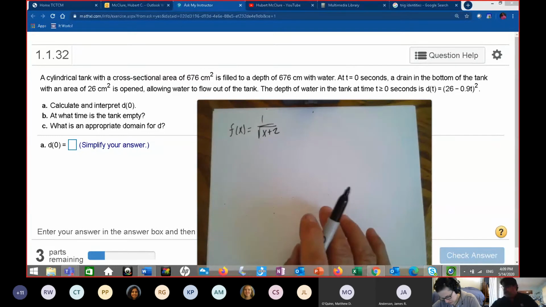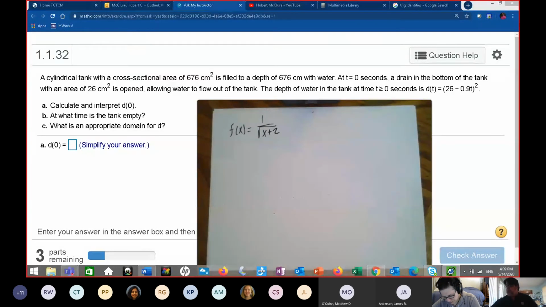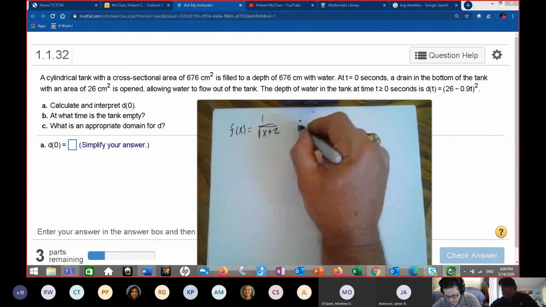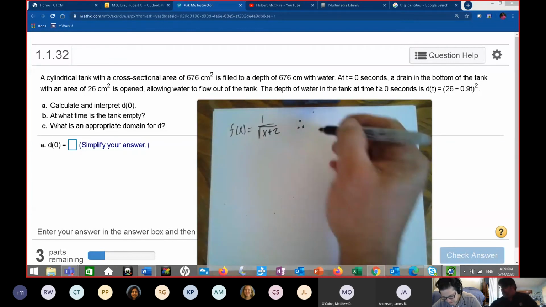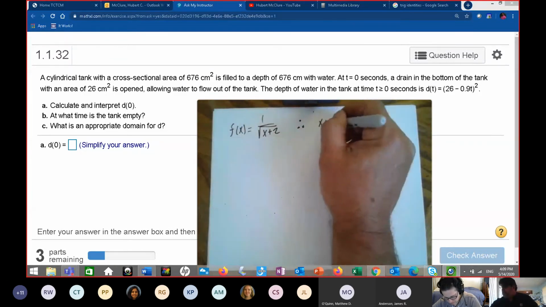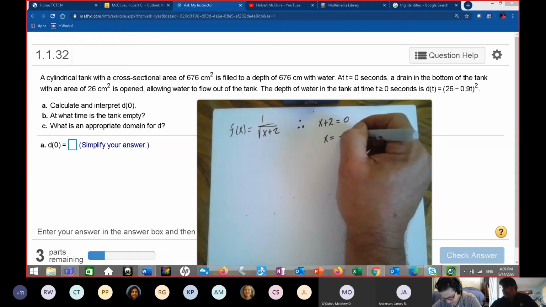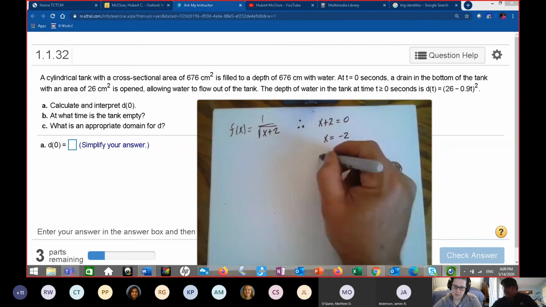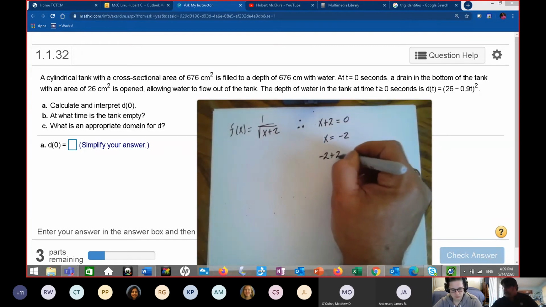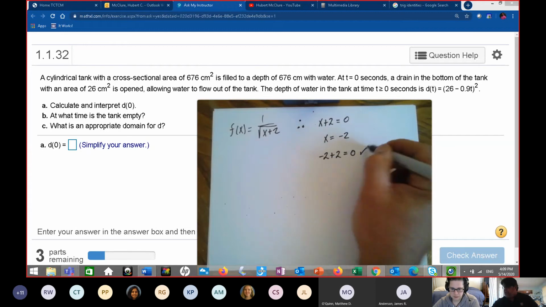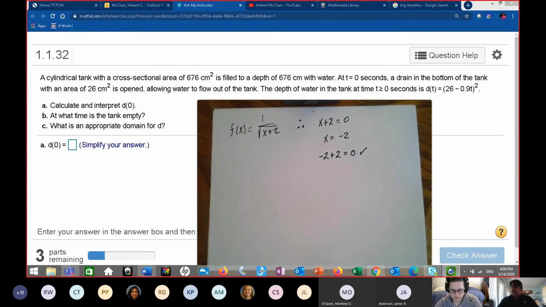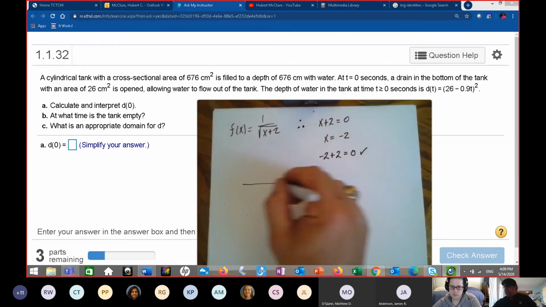So therefore, x plus 2 is equal to 0. x is equal to negative 2. So negative 2 plus 2 gives you 0, and 0 is okay, but you don't want to check 0.